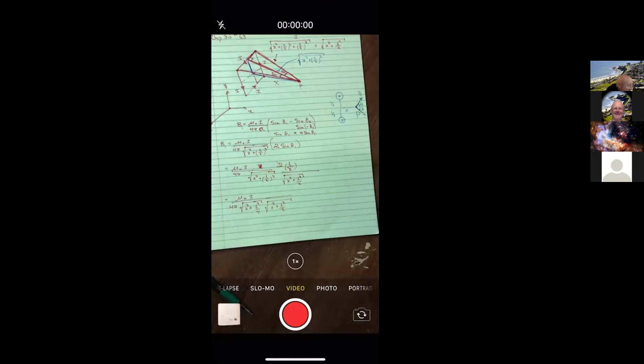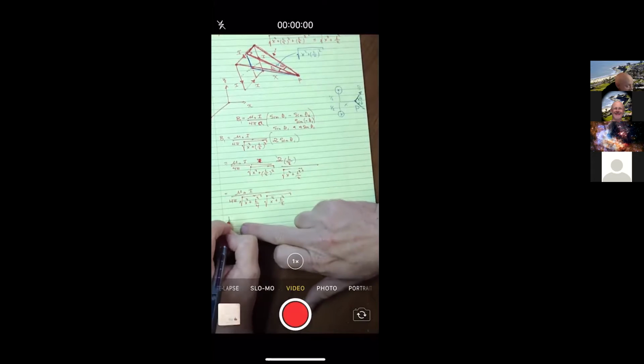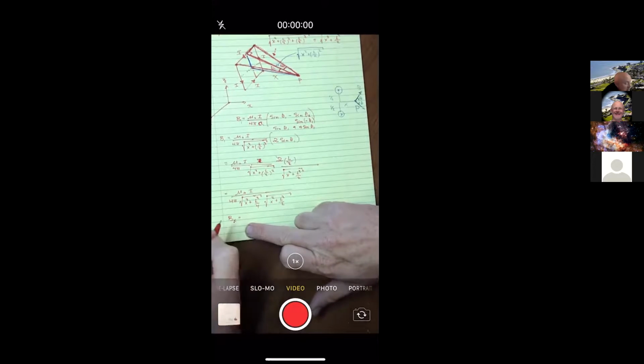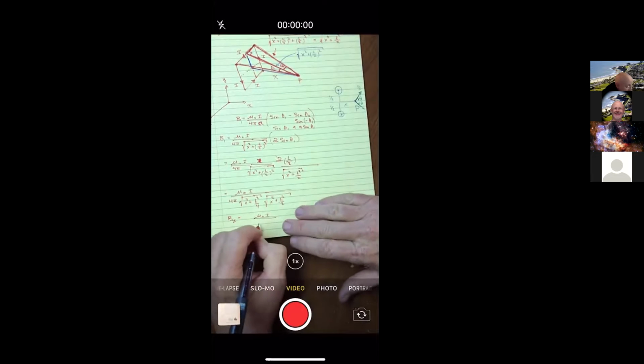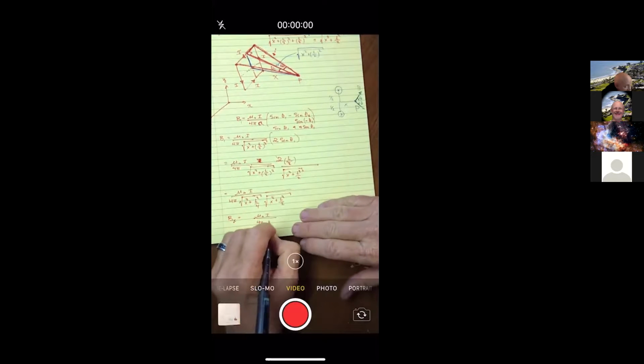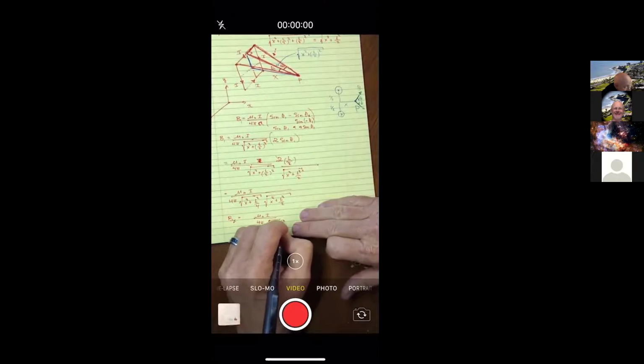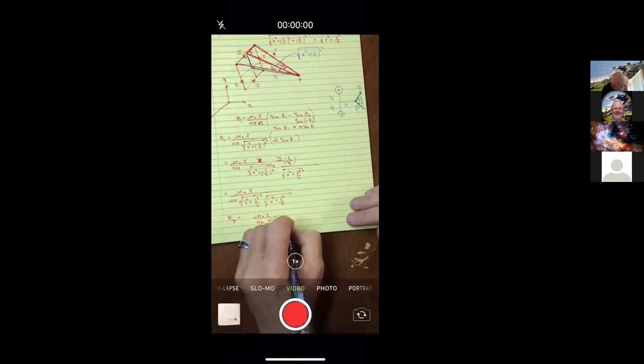So that's why I'm going to do this. I'm going to say, all right, to get the x components, I need to take what I've already derived, which is the magnitude of the field. So I'll just rewrite it here.